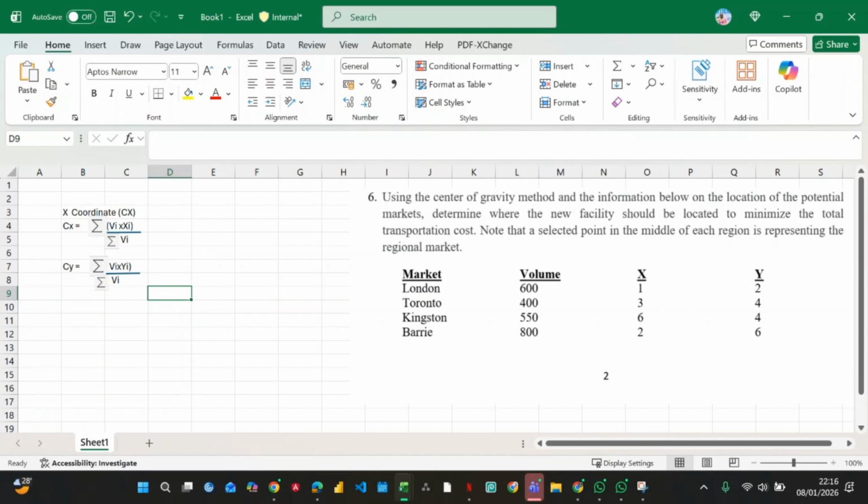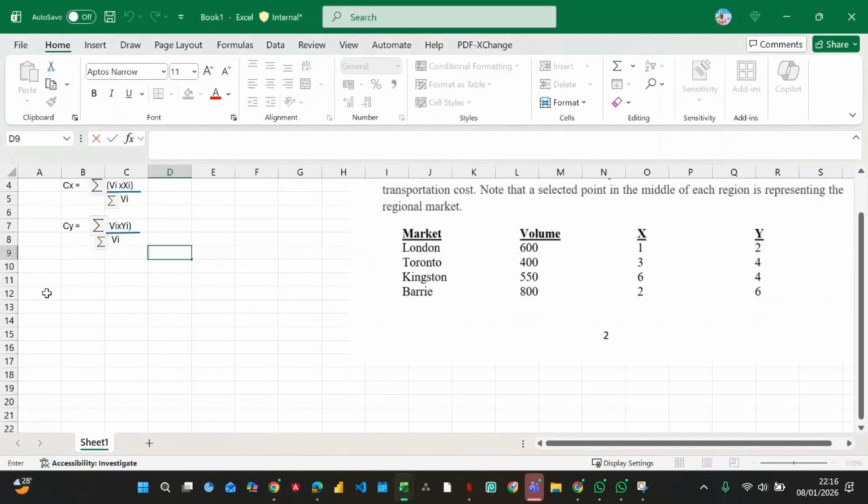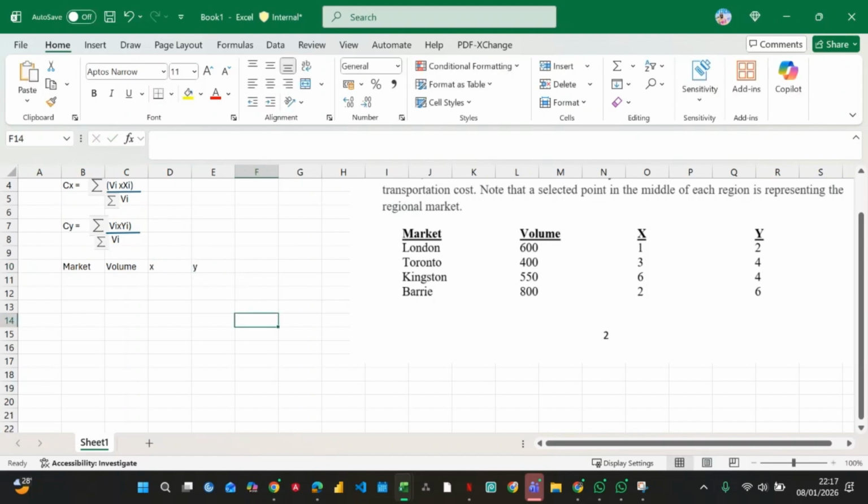So the next thing now, let's try to organize the data. Since we now have this, we are going to put this here. Now this is going to be our market here, so we can have more space. So we have market here, the next one is going to be the volume, and then we now have our x and y, right?